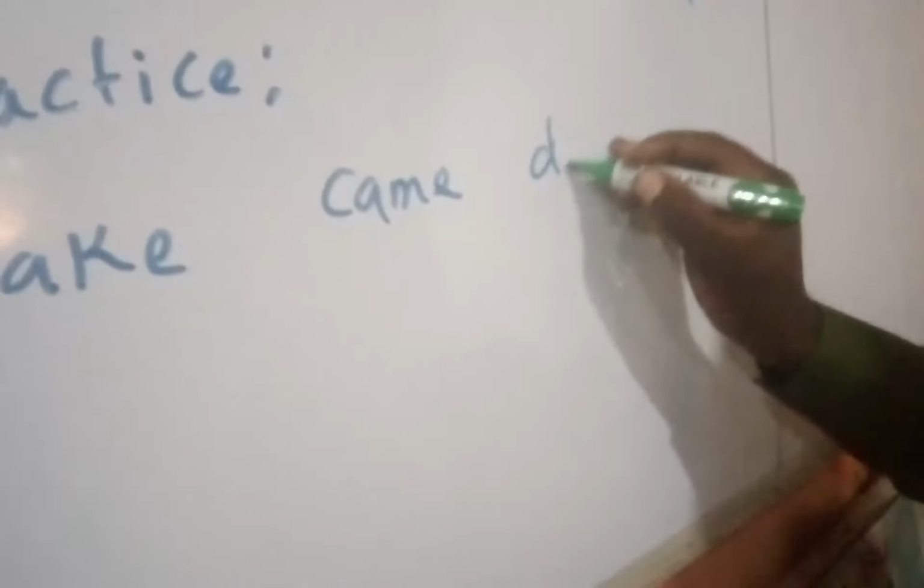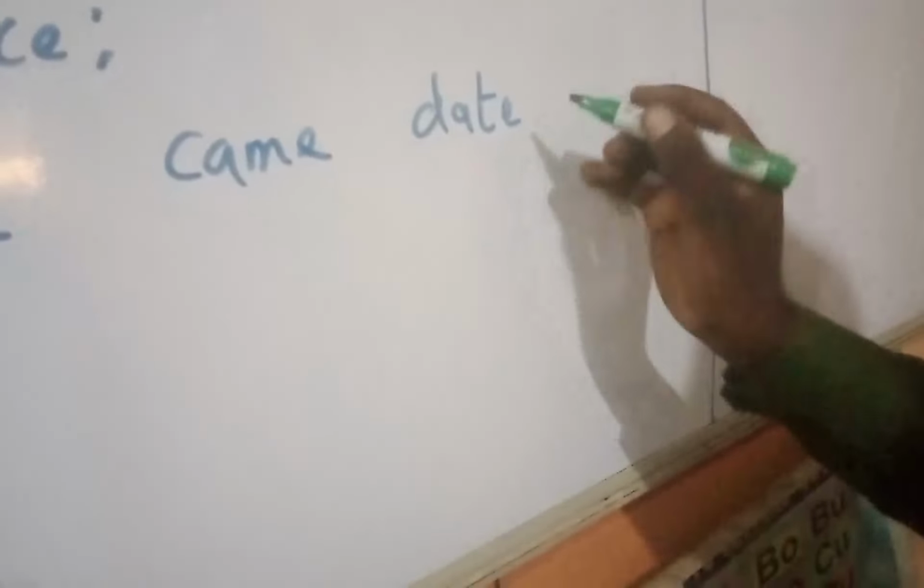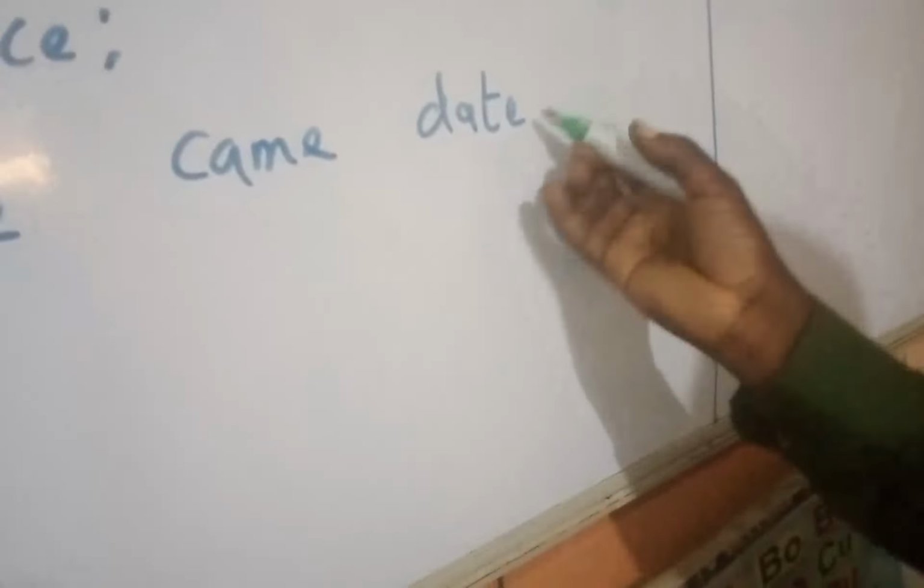Practice. B as in big. K as in came. D as in dates. This E is silent. The E is silent. This is what? Fa as in fame.